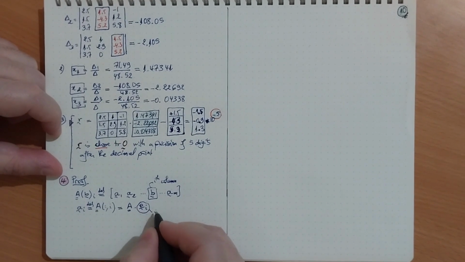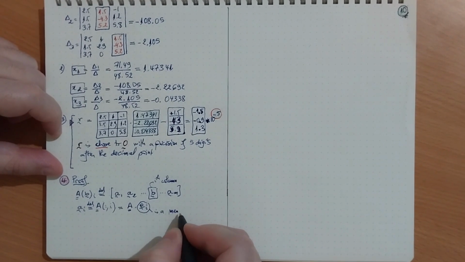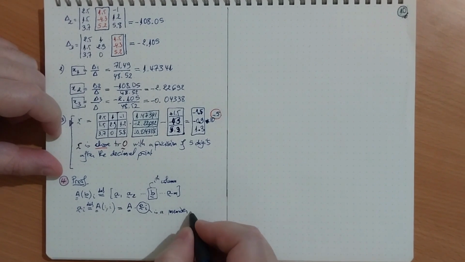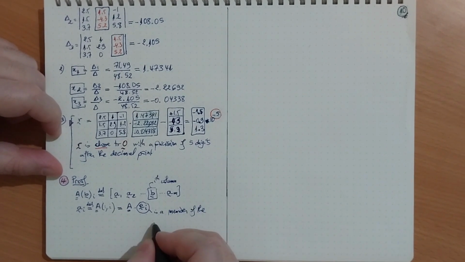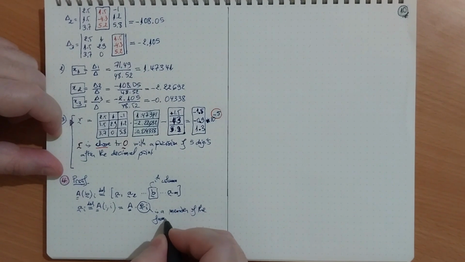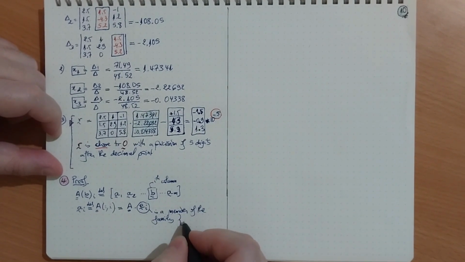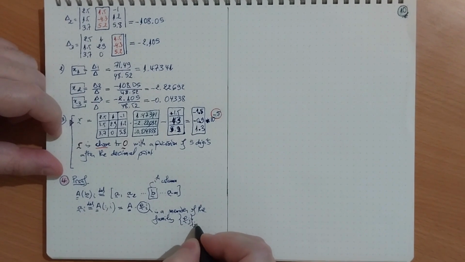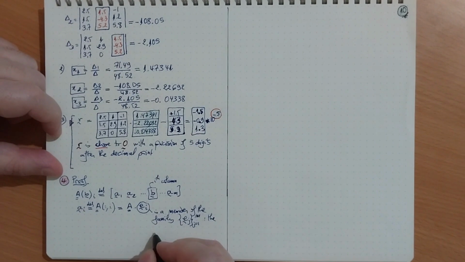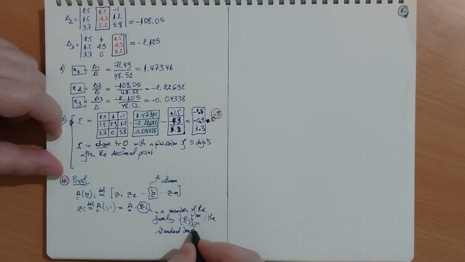So EI is a member of the family EJ, J from 1 till M, which is the standard basis of Rm.